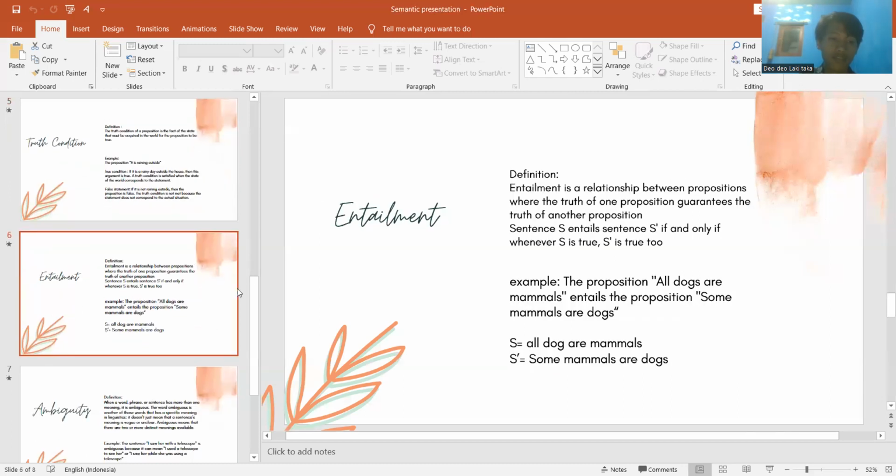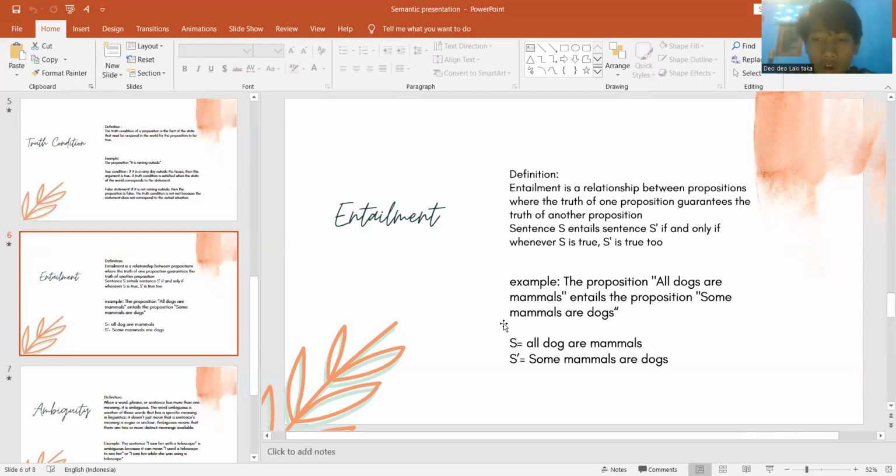Okay. The next is entailment. The definition of entailment is a relationship between propositions where the truth of one proposition guarantees the truth of another proposition. Sentence S entails sentence S prime if and only if whenever S is true, S prime is true too. So we can see an example of entailment.